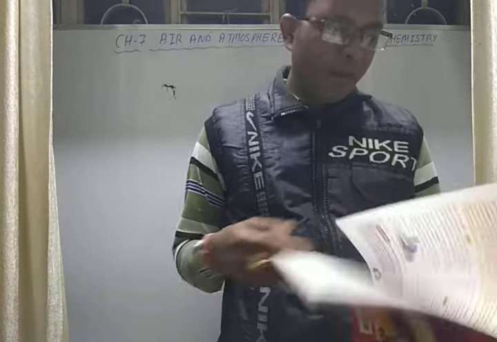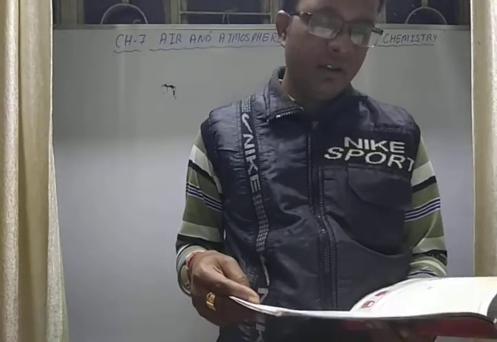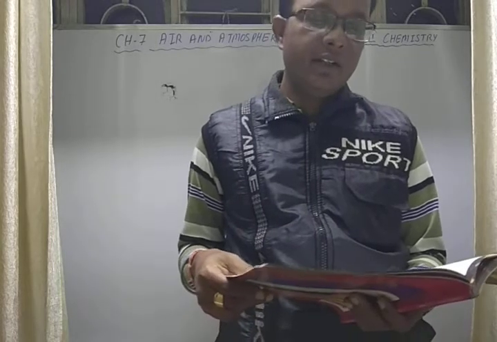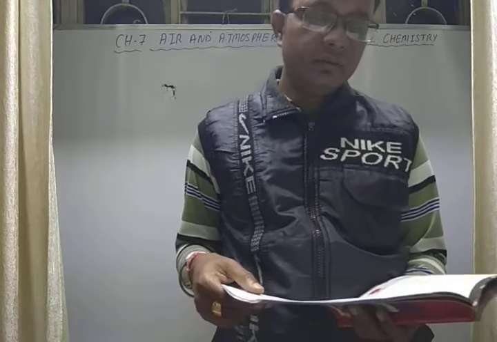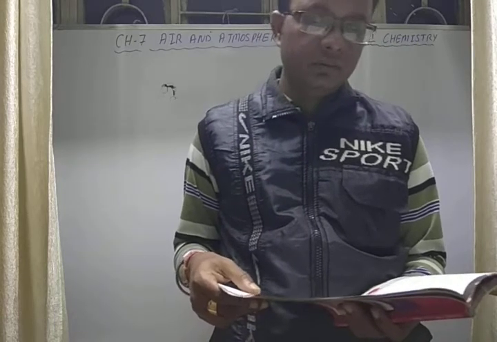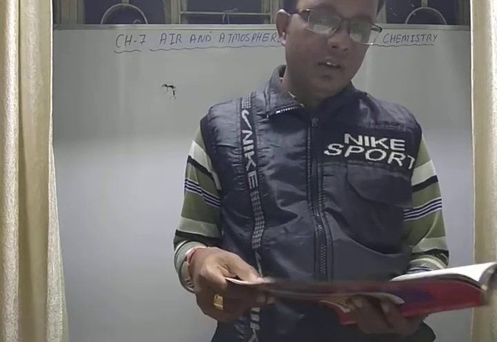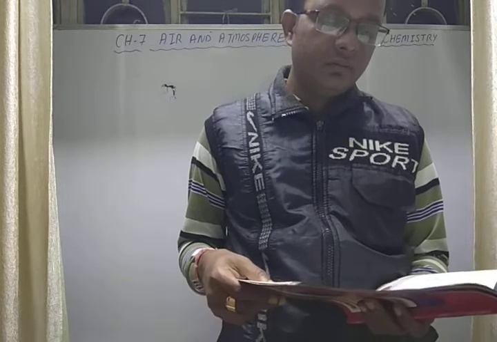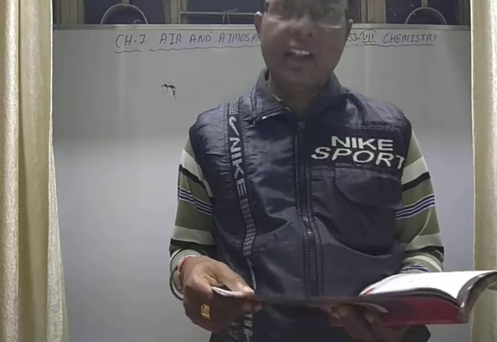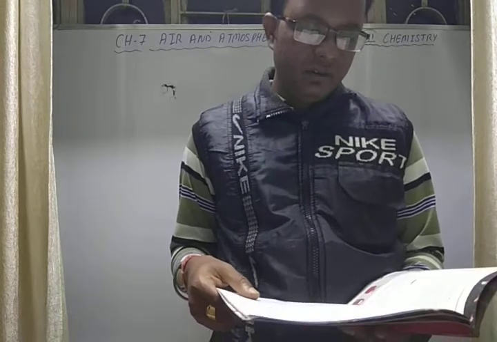And physical properties of carbon dioxide: it is found in free state in nature and also in combined state. It has a tetrahedral shape. It is also colorless.